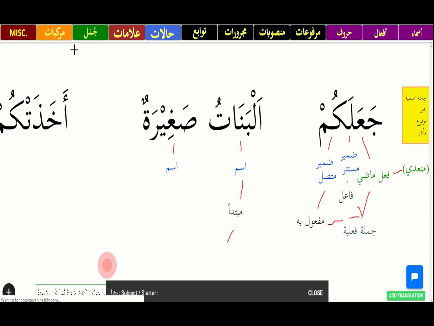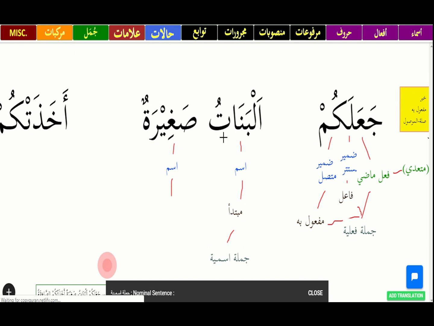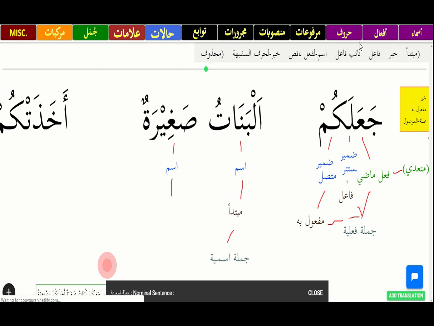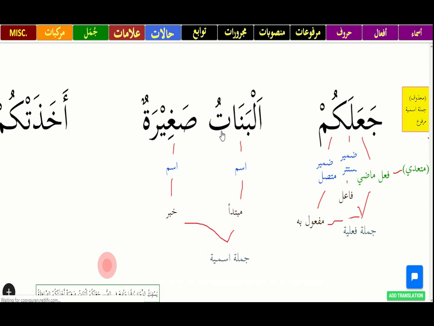We can say nominal sentence. And the word saghiratun then has to be the khabar. And together, the mubtada and khabar makes the jumla ismiya. So al-banatu means girls, saghiratun means small. So al-banatu, the girls, are saghiratun, small. And that is the nominal sentence.